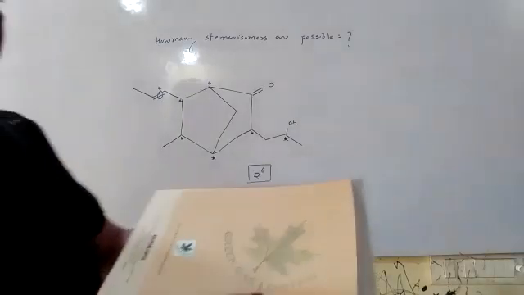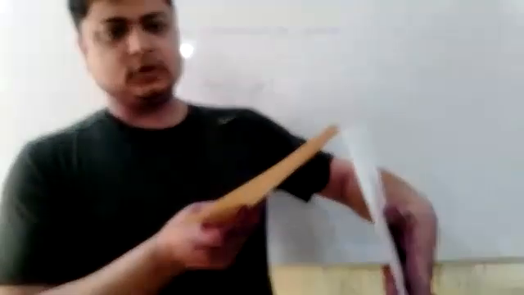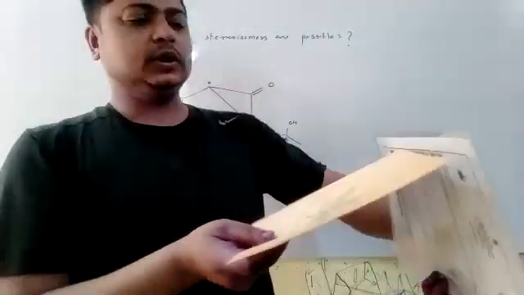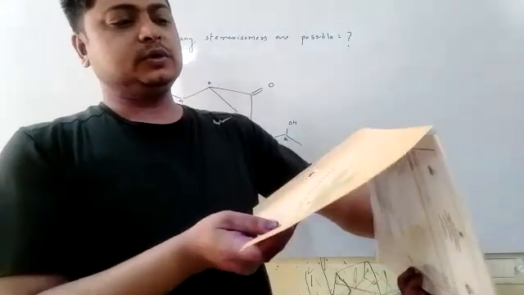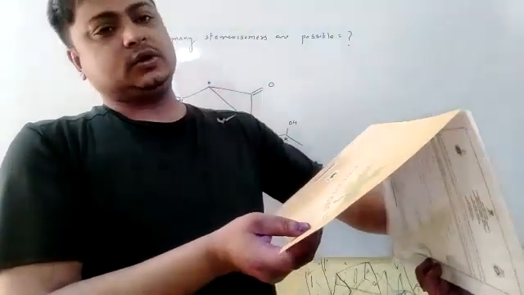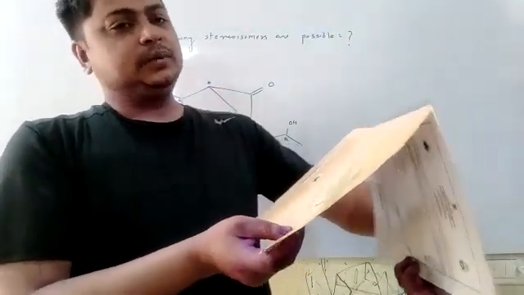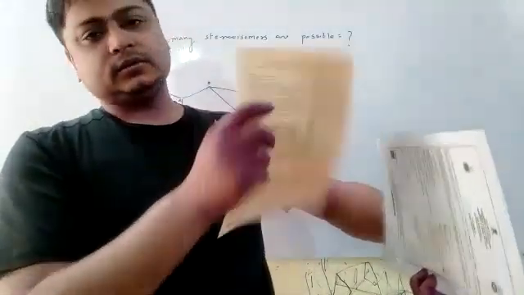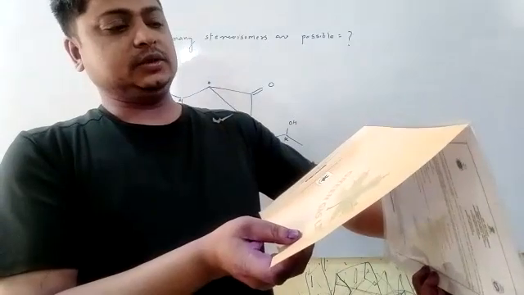Suppose this is the ring, okay? And we are having one bridge here. It is not possible that the upward valency comes downward and here it stays upward. What will happen if I switch here? Automatically it will switch here. Yes or no?